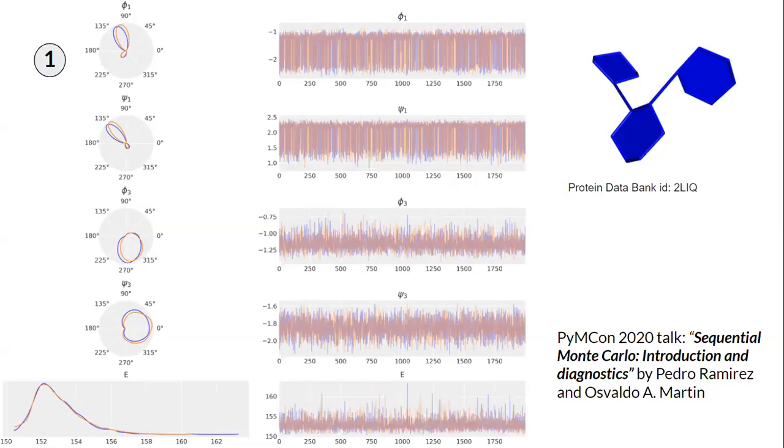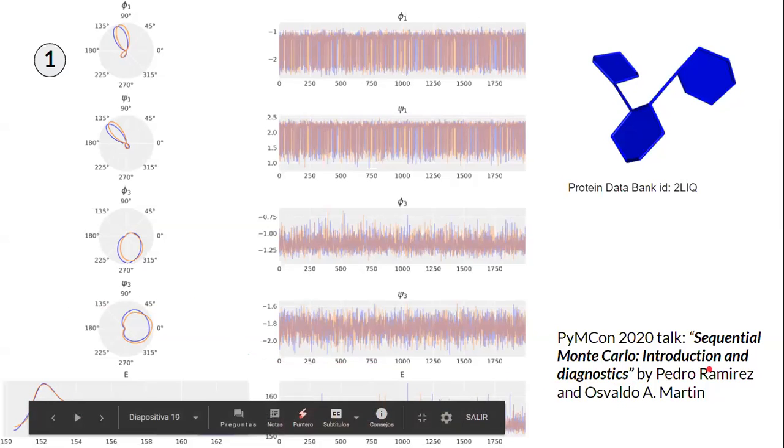We solved this model with PyMC3's sequential Monte Carlo. If you are interested in sequential Monte Carlo, you can watch the PyMCon talk, Sequential Monte Carlo, Introduction and Diagnostics, by Pedro Ramirez and Osvaldo Martin.